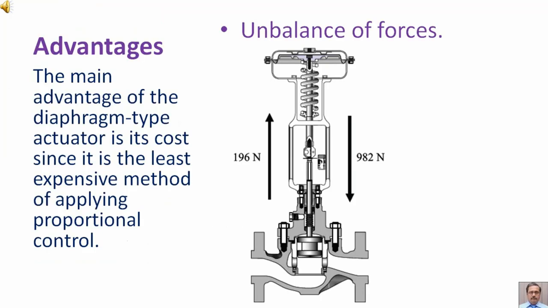Advantages and disadvantages of diaphragm actuators. Advantages. The main advantage of the diaphragm type actuator is its cost, since it is the least expensive method of applying proportional control.